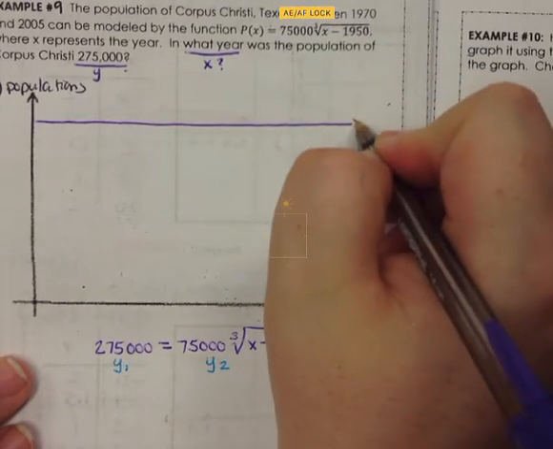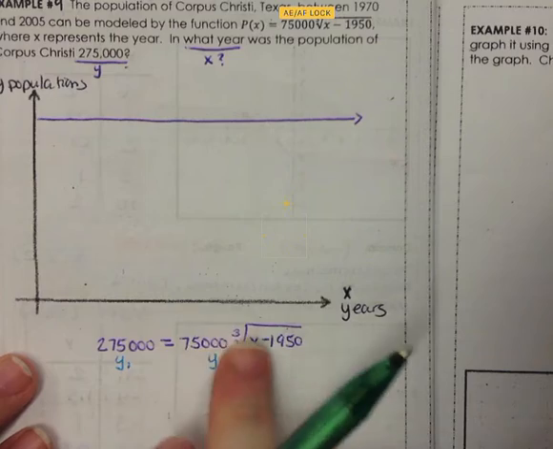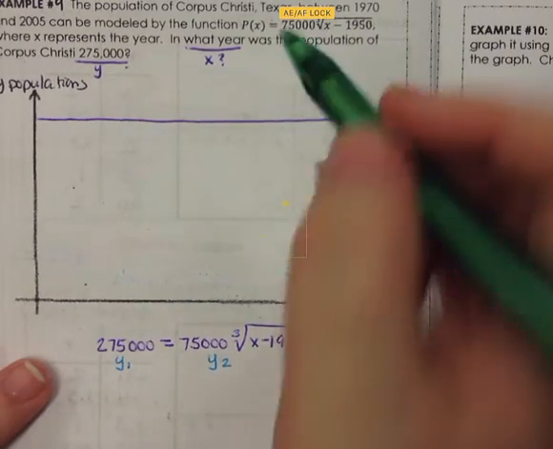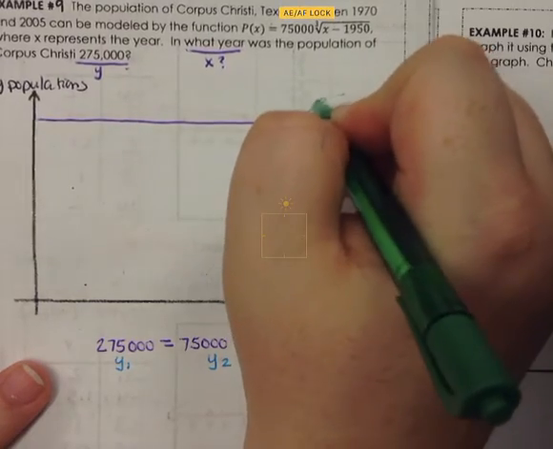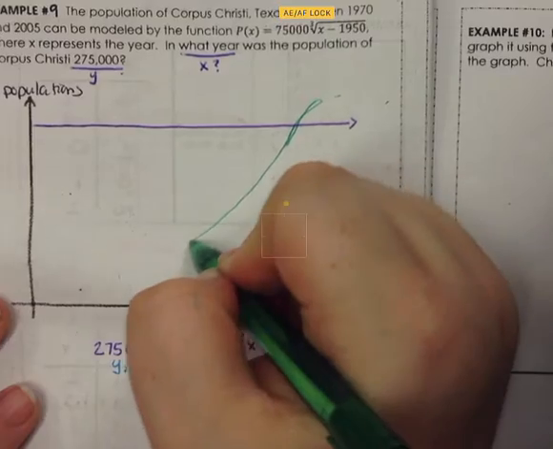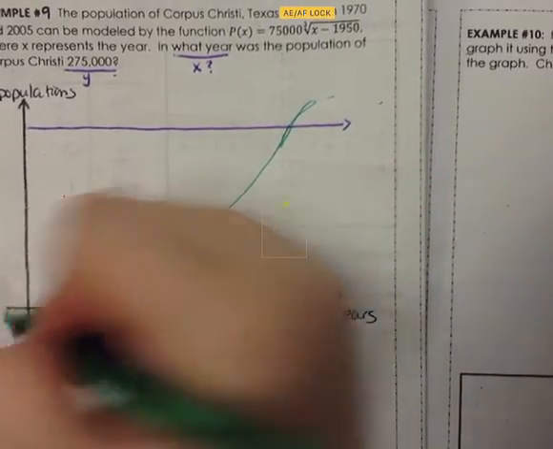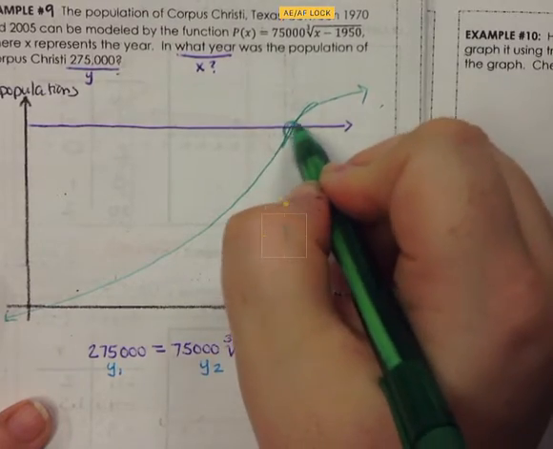We know it's going to keep going. And then we saw the cube root kind of funky right here. But you know that it's supposed to kind of go like this, and it's supposed to go like that. So we want to find this solution right here.